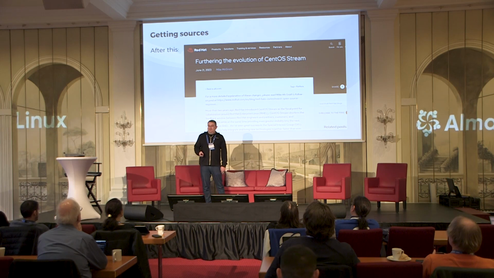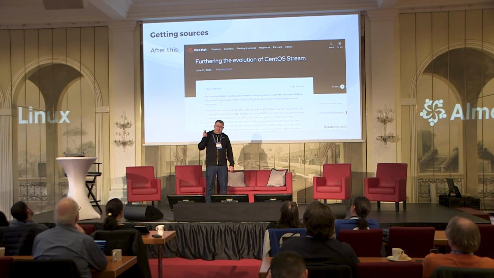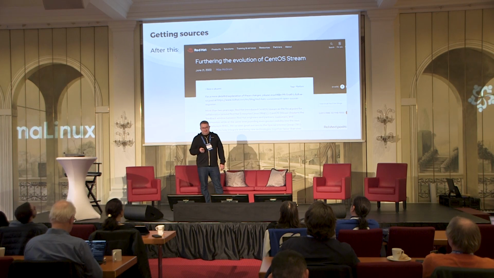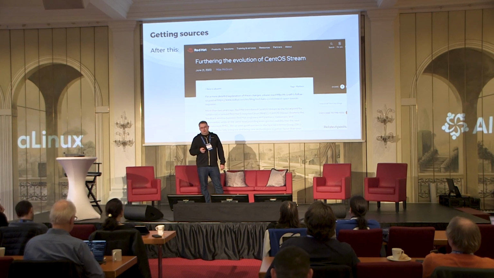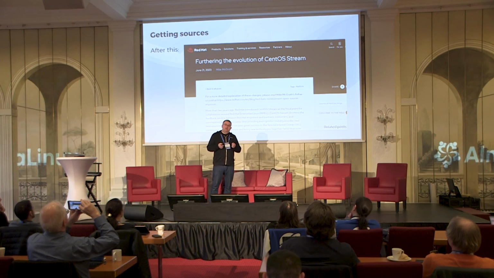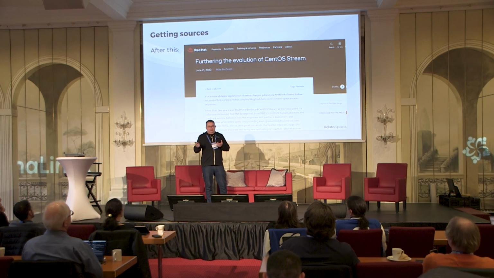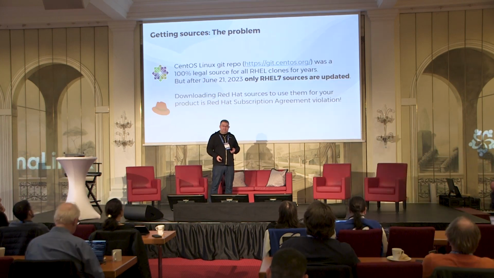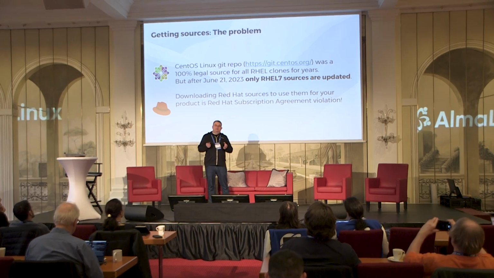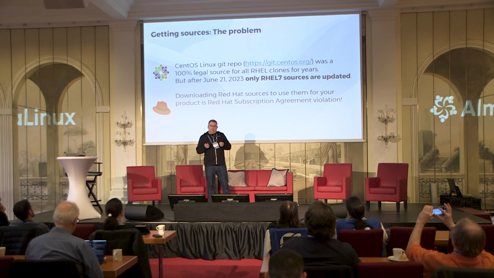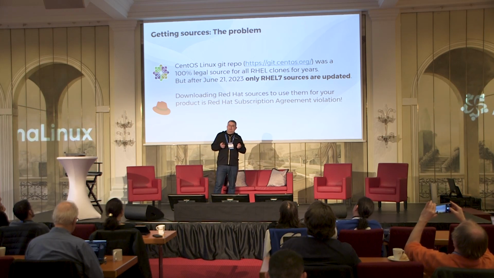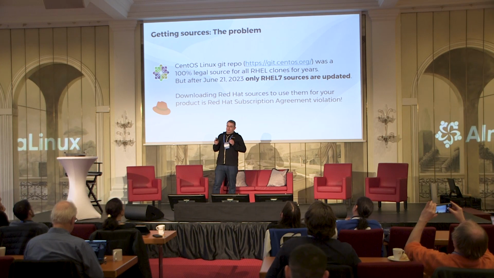So how to get sources after this happened? Because this was the most important event, I think, that happened last year. Red Hat decided to stop distributing sources of Red Hat Enterprise Linux publicly. Let me explain what happened. They are still available, but now you need a Red Hat subscription for that. And okay, it's not a problem, because you can get a free developer subscription. But they have some rules.